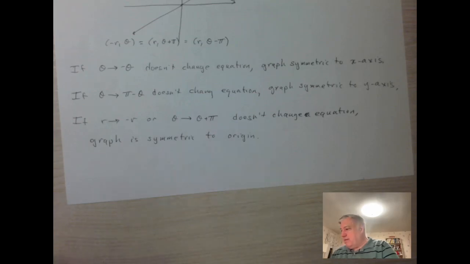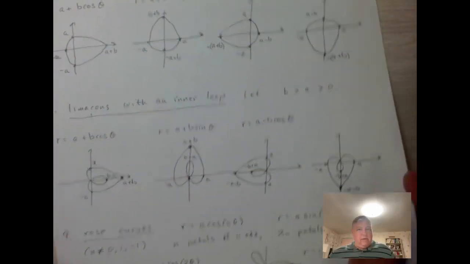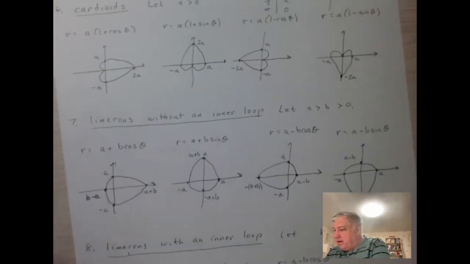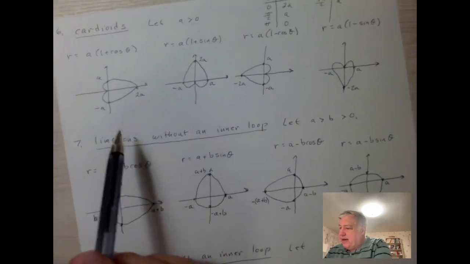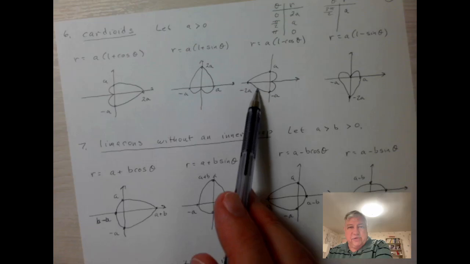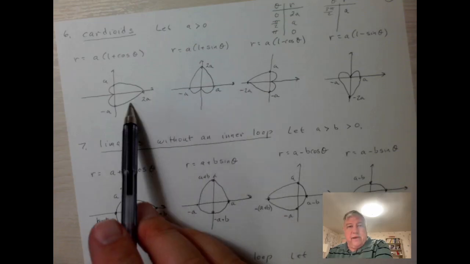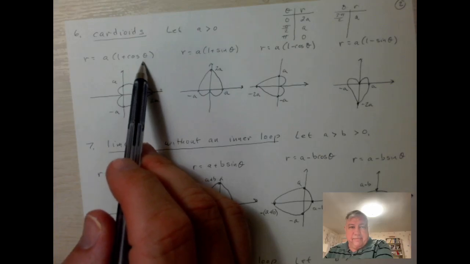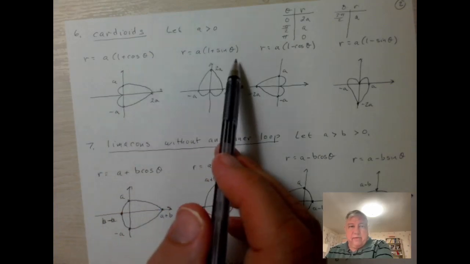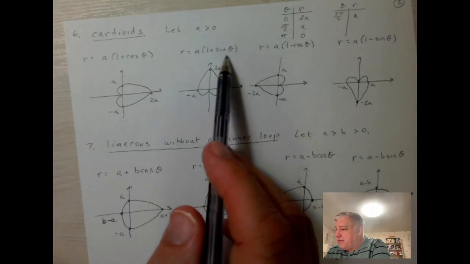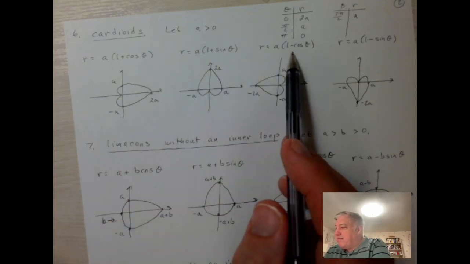Now, some of these graphs don't have much symmetry, but hopefully you can see the difference from here to here: this graph is really a reflection through the y-axis. What's going on here is we've replaced theta with pi minus theta, because we've replaced cosine of theta with minus cosine theta.